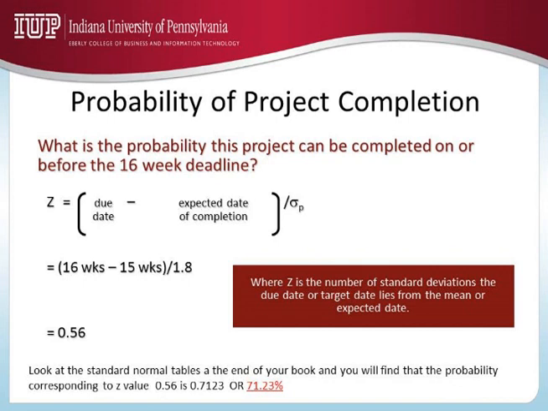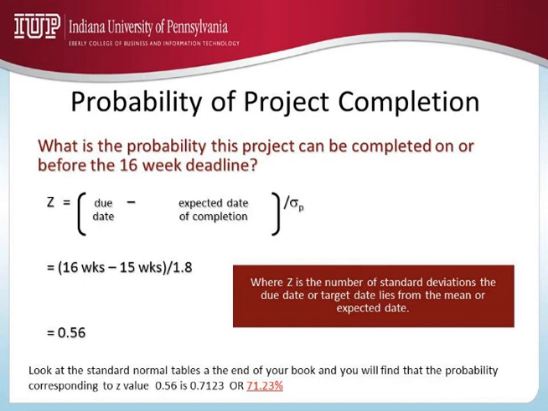Once you find the z value corresponding to 95%, which happens to be around 1.64, you complete the calculation using the formula: due date is equal to z times sigma plus the expected date of completion.